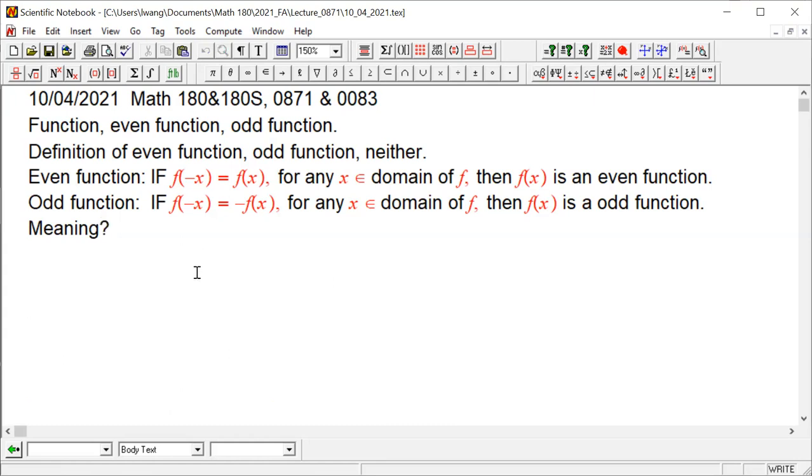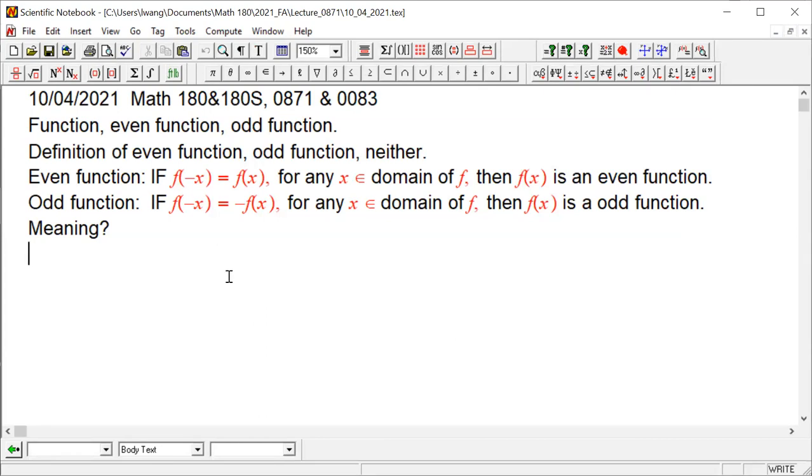So we're going to look at the different aspects of these definitions: the algebraic, the visual, the numerical, right? What's the difference between the negative sign inside the parentheses or outside the parentheses? Do they mean the same thing?